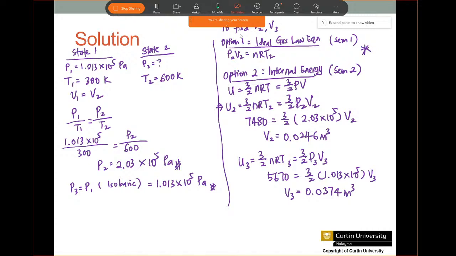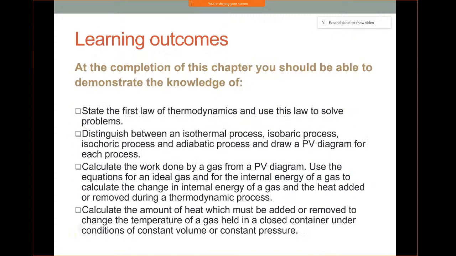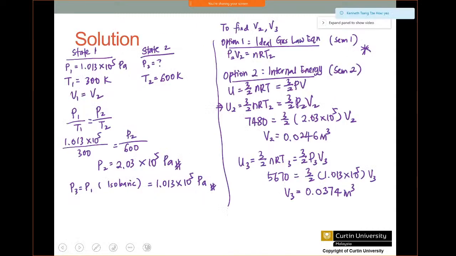Okay, has anyone tried with option 1? Do you get the same value?